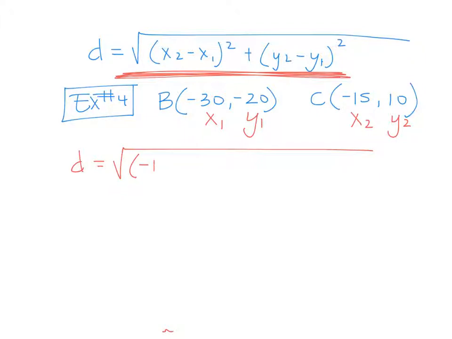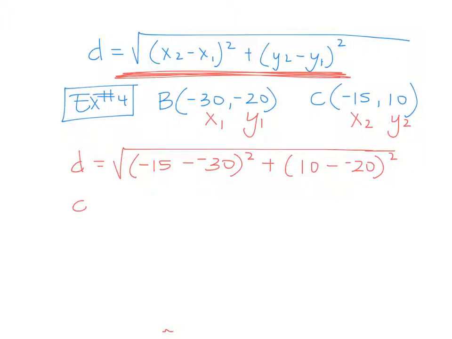Negative 15 minus a negative 30 squared plus, and then your y2, what's y2? 10 minus your y1, which is a negative 20, and then you square that, okay? Make sure that you don't go x2 minus x1 and then y1 minus y2. You want to go in the same order.